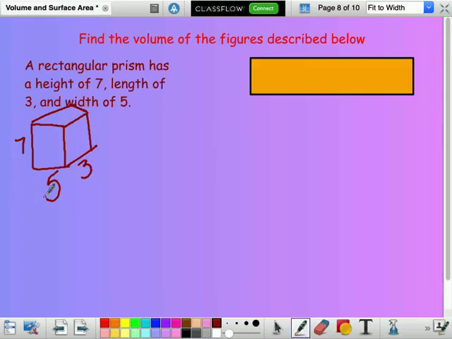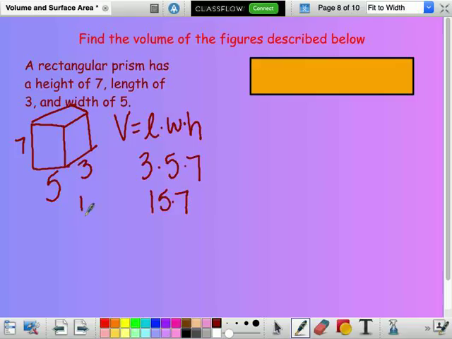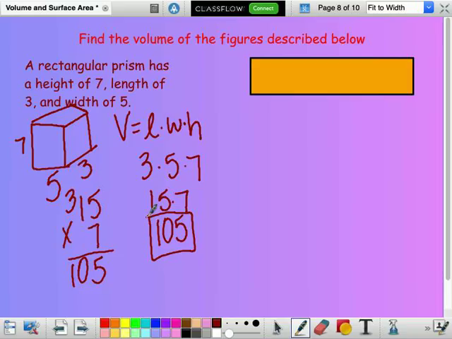So this volume is length times width times height. So I'm going to do 3 times 5 times 7. 3 times 5 is 15. And then 15 times 7 is 105. That doesn't have any units on it, so I'm just going to keep it as 105.